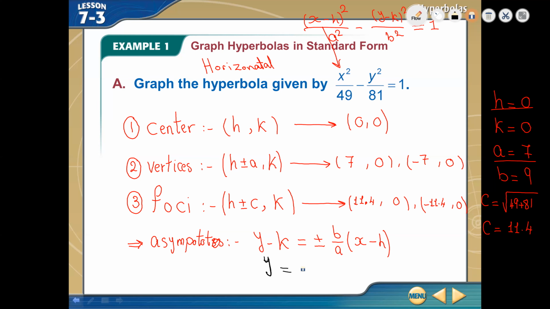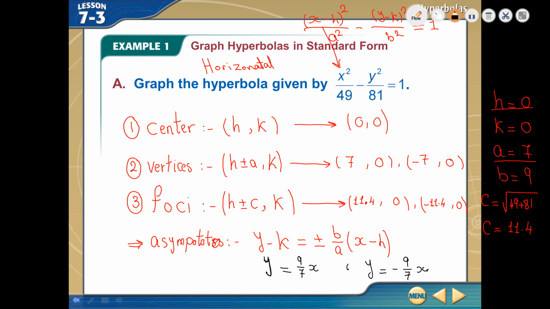So you choose positive first: 9 over 7 times x, which means y equals 9 over 7x. And the second will be y equals negative 9 over 7x. Of course, this is our answer. This is the asymptote. So now we can draw.